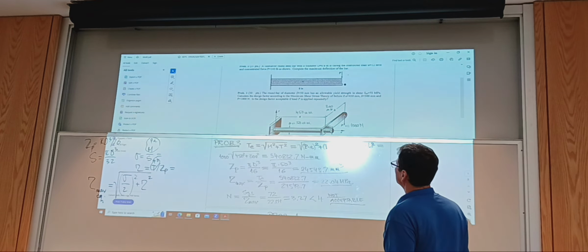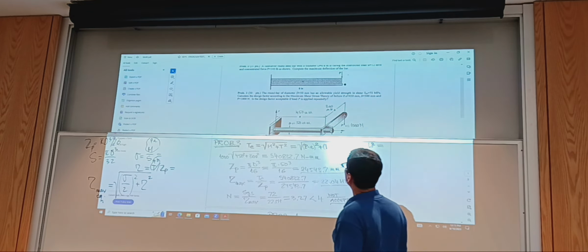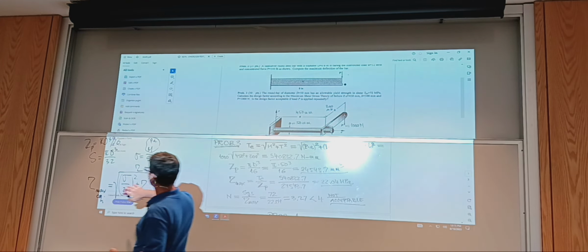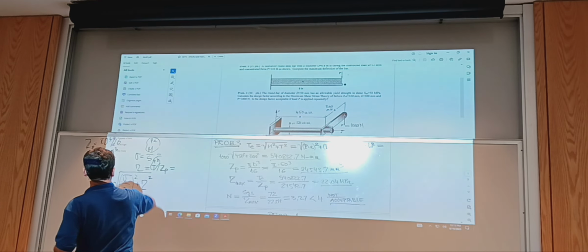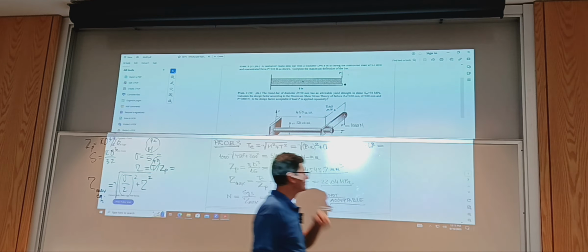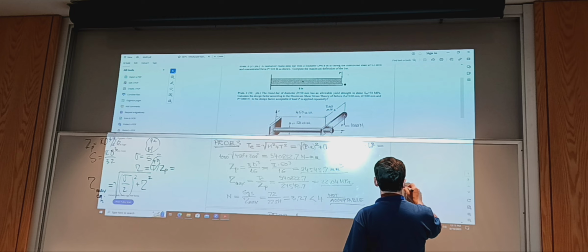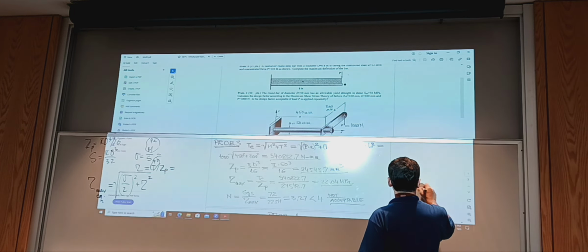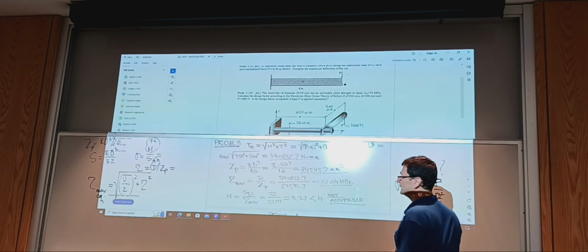What surprised me to see is that students who went this route, when evaluating sigma, took moment over section modulus, but then they also added P over pi diameter squared over 4. Why this?